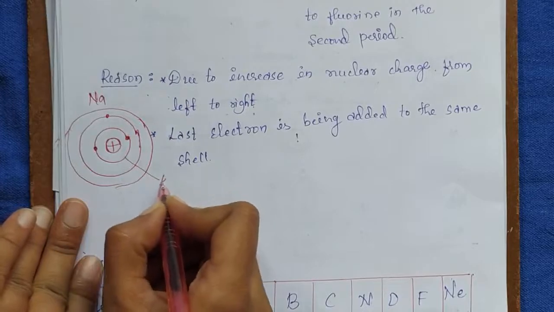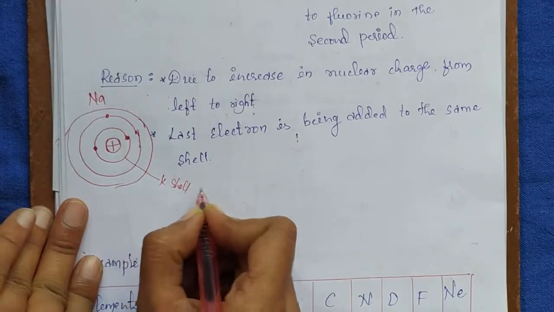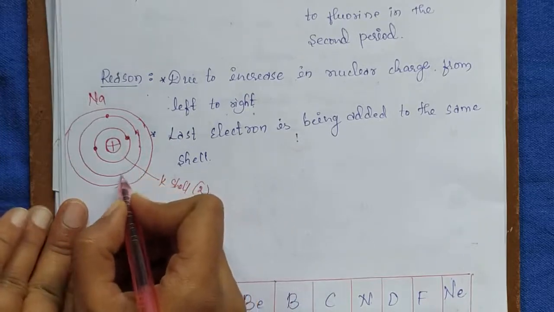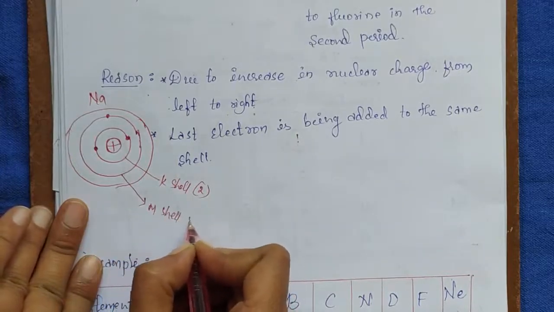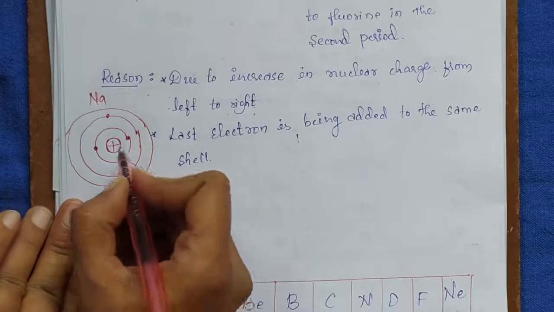This is the K shell. In the K shell 2 electrons are placed, and this is the M shell, 8 electrons are placed.